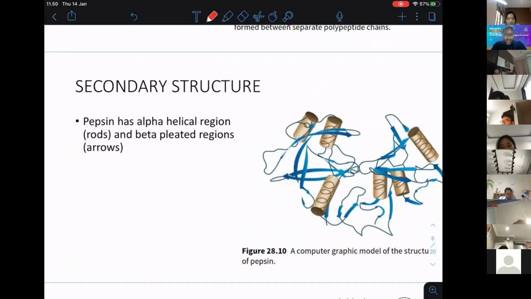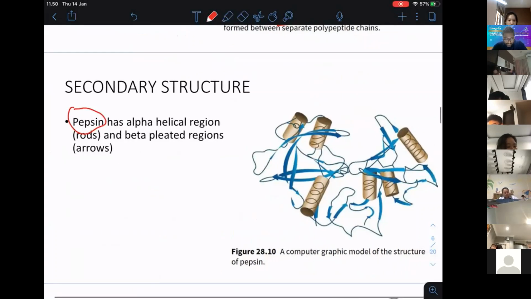Now, what if you look at this structure? Basically, a structure can have a combination of both alpha and beta. If you look here, pepsin, this is an enzyme in your stomach. Pepsin has an alpha helical region and a beta pleated region as well.